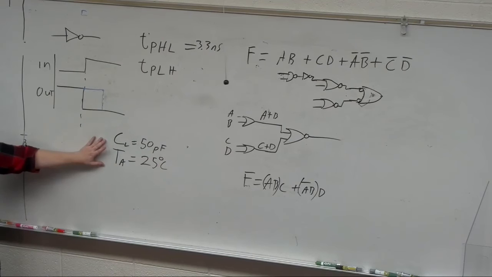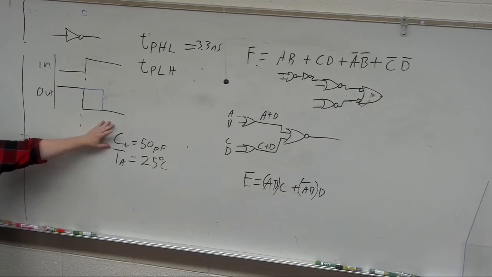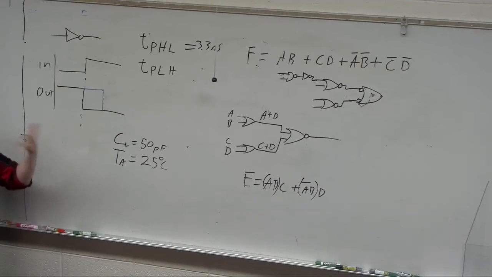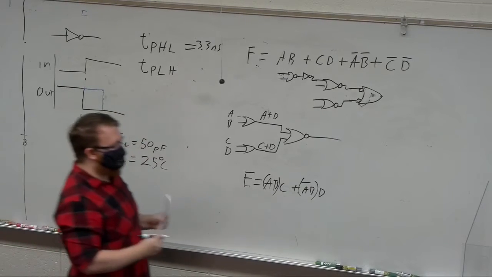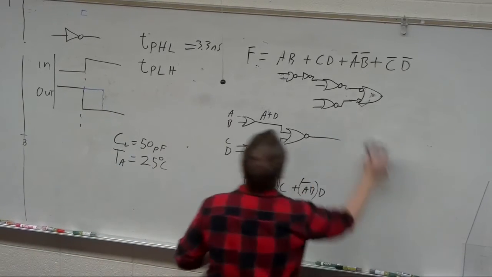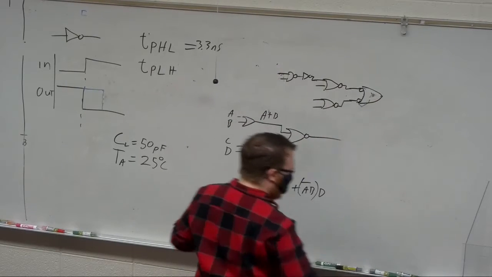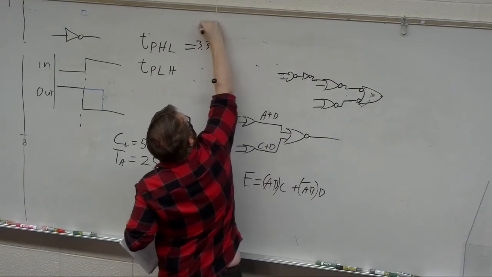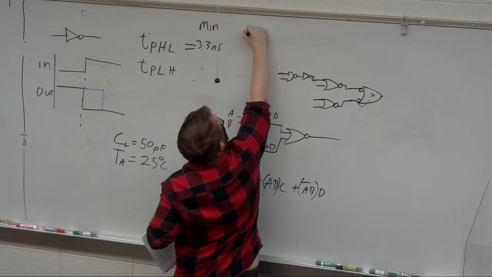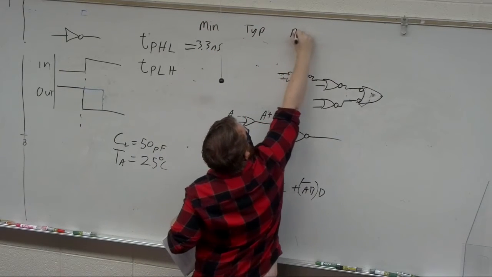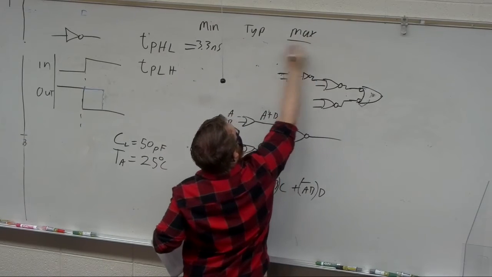If the temperature goes up or the load goes up, you may get worse performance than what they promise in the data sheet. This time won't be defined just as 3.3 nanoseconds, however. It will be defined with a min, a typical, and a max.